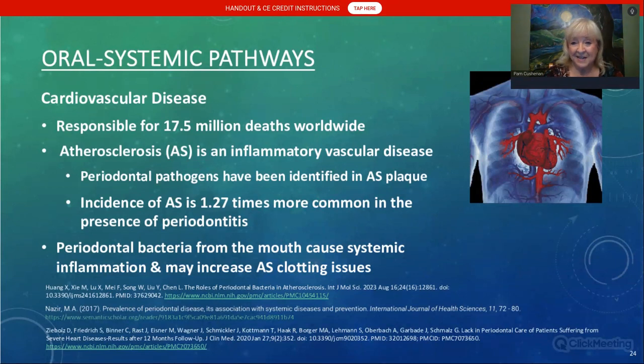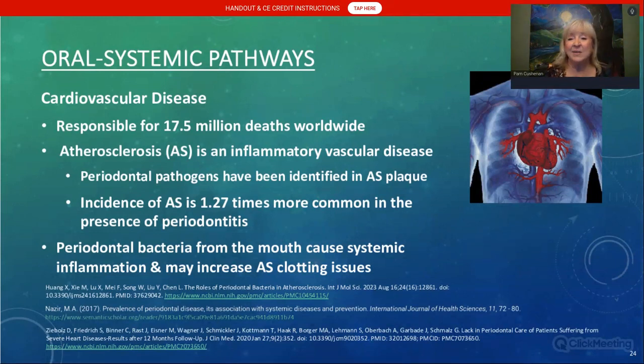Now, in these studies, these very periodontal pathogens that we discussed at the beginning have been identified in this atherosclerotic plaque. Typically, there's a 1.27 times increase in atherosclerosis when periodontitis is a condition for that patient. That's a pretty big deal.